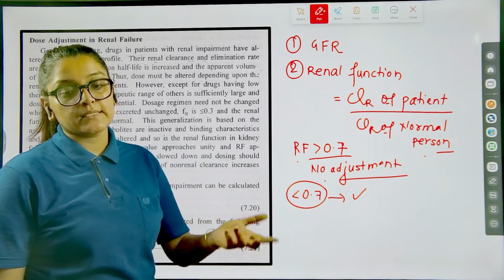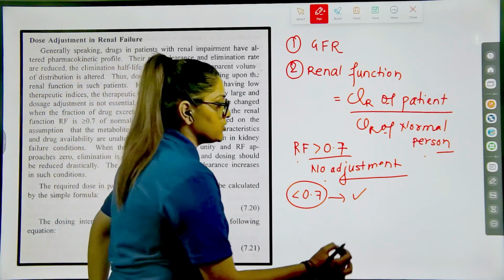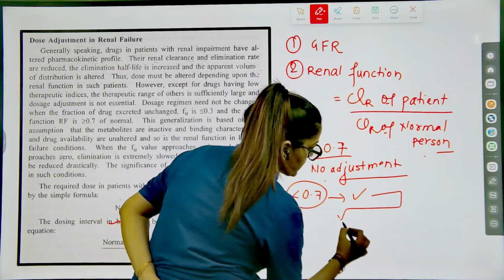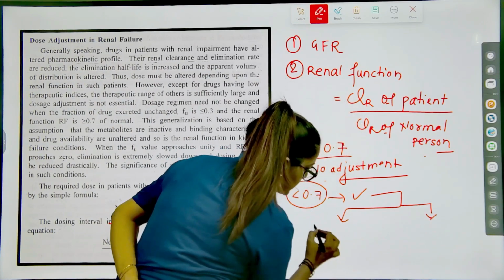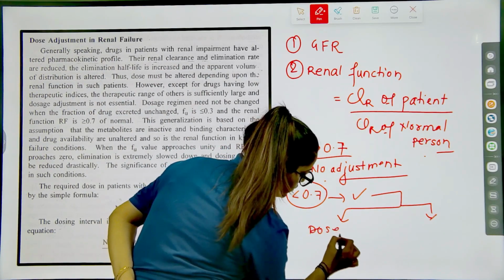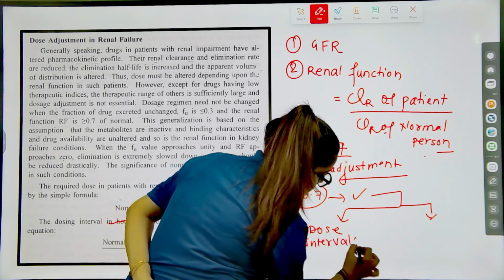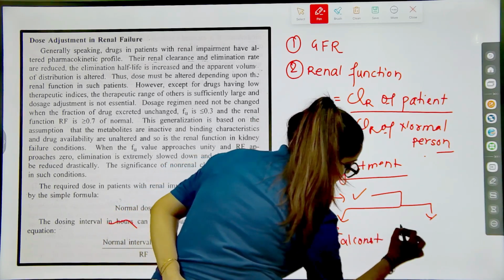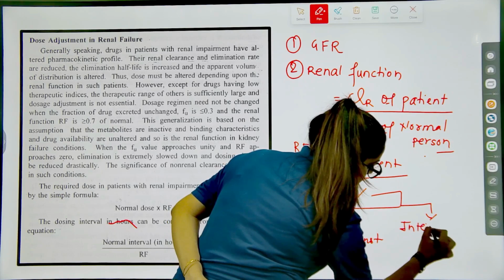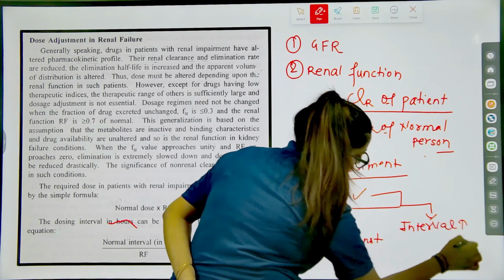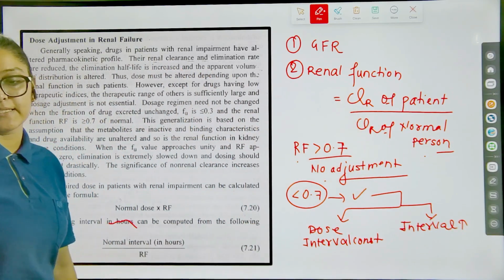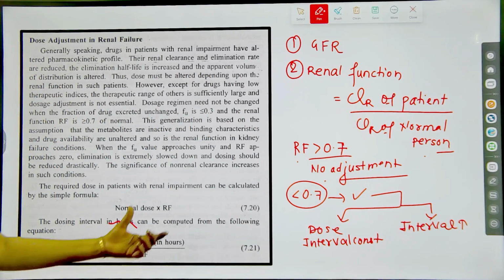Dose adjustment can be made using two approaches. Number one, we can change the dose keeping the interval constant. Number two, we can increase the interval keeping the dose constant.